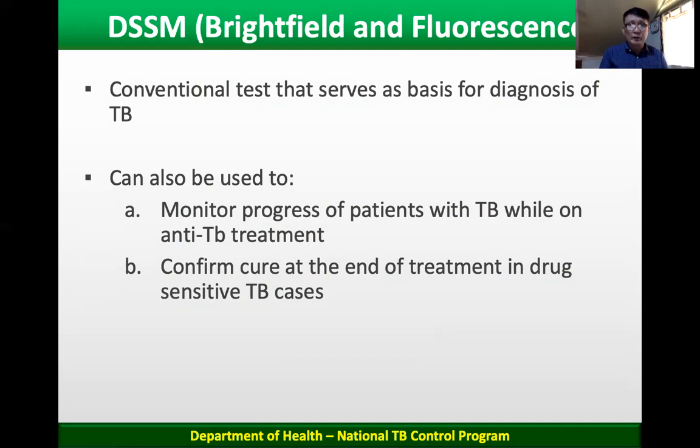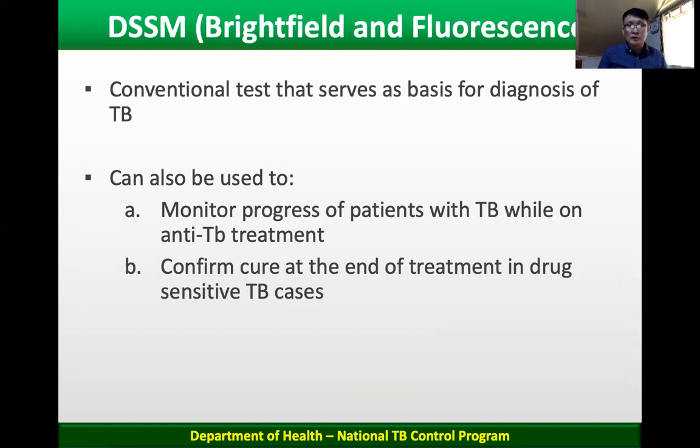So we cannot use GeneXpert to monitor the progress of our patients. What I'm referring to here is the sputum follow-up. We still need to do the SSM, either bright field or fluorescence. That is why we cannot let go of our conventional method. Although we already have the new method for diagnosis of TB, DSSM will still remain, because we will still be using it to monitor the progress of our patients.